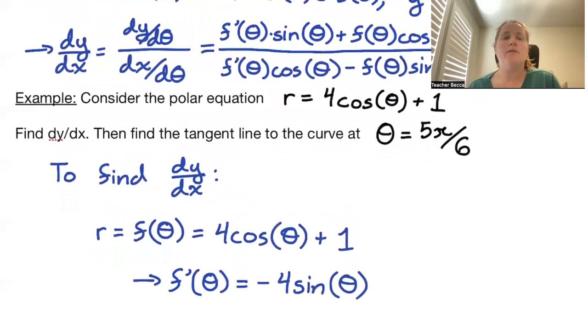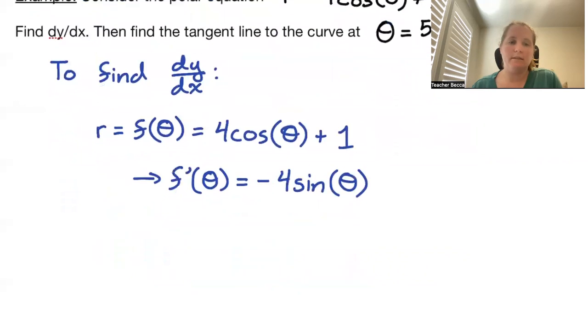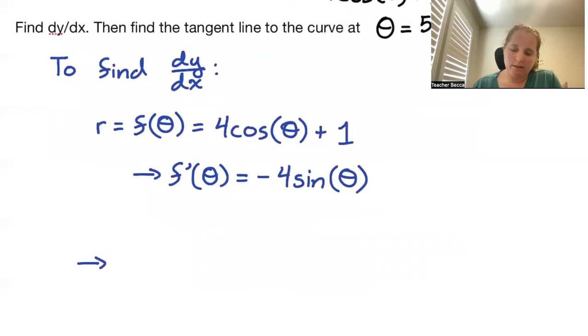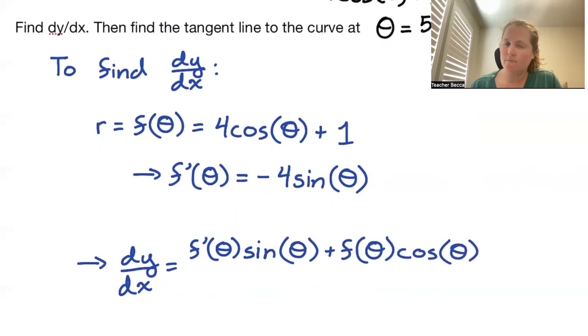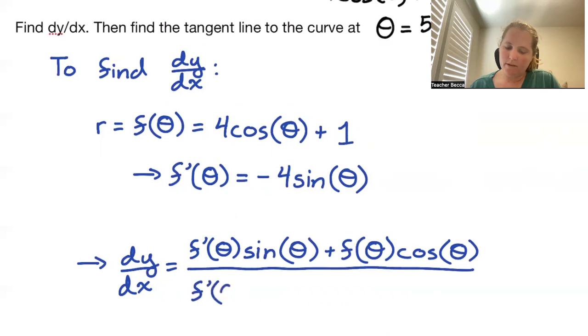So we can go ahead and fill in our dy dx. So dy dx is, again, we do f prime of theta times sine of theta plus f of theta times cosine of theta, all over f prime of theta times cosine of theta minus f of theta times sine of theta.